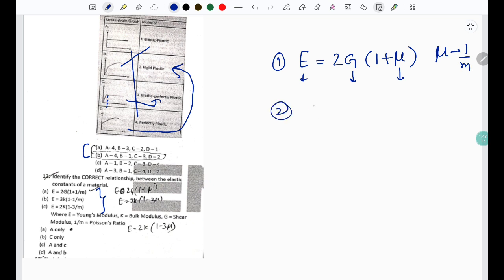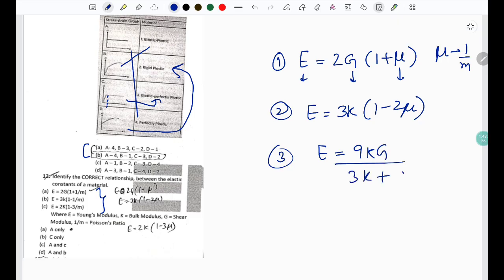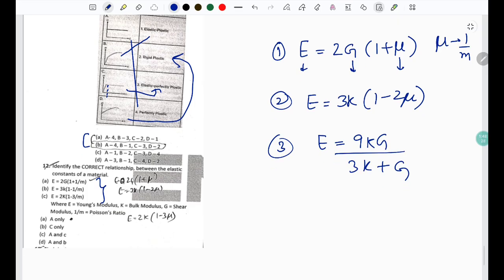The second relation is E equals 3K(1 minus 2 mu), and the third relation is E equals 9KG by (3K plus G). So the first relation, 2G(1 plus mu), is correct, 3K(1 minus mu) is wrong, and 2K(1 minus 3 mu) is also wrong. Therefore A only is the correct answer.